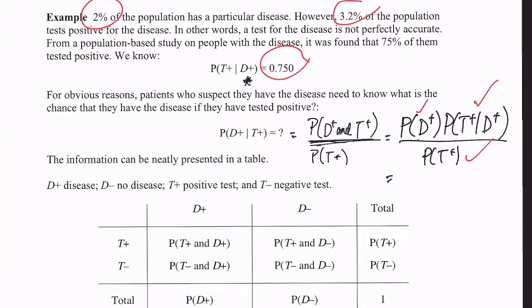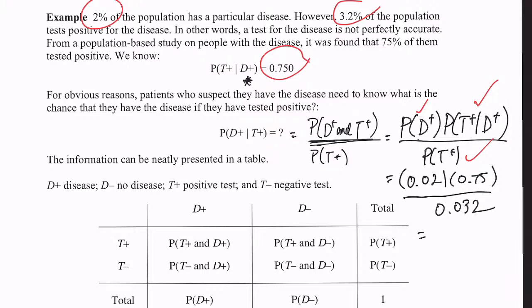So D plus we know is 2%, 22%, sorry. The probability of testing positive if you have the disease, we're told, is 75%, and the probability of having a positive test is 0.32, and that's it.